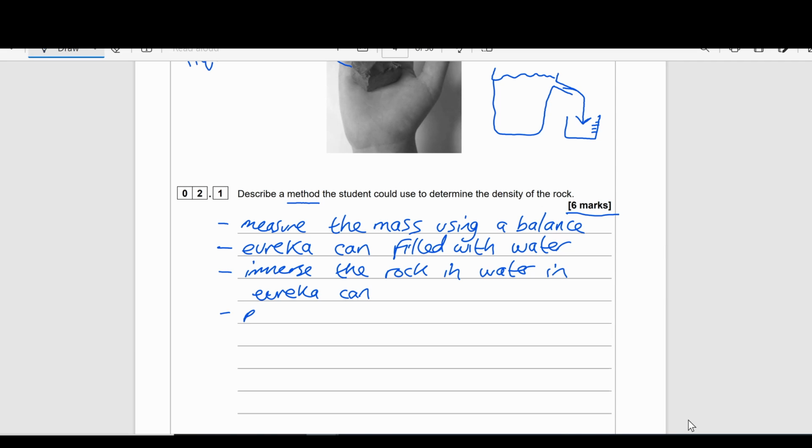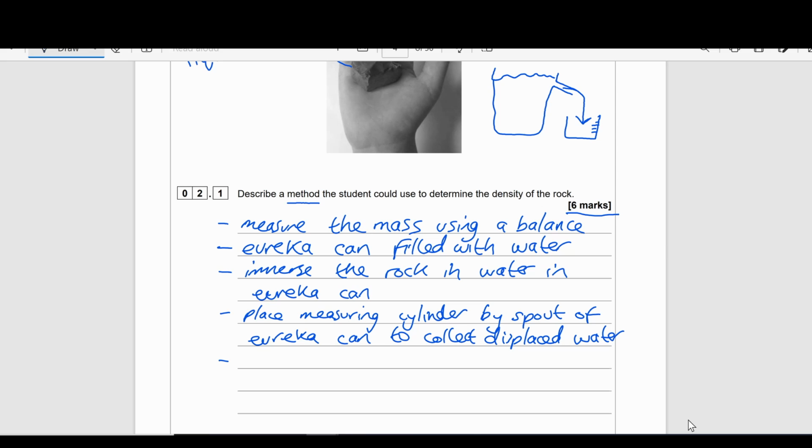So the next thing to say is place measuring cylinder next to spout of eureka can to collect displaced water. The water that has come out of the can will have a certain volume, and that volume of water displaced will be the exact volume of the rock, the irregular shaped object.